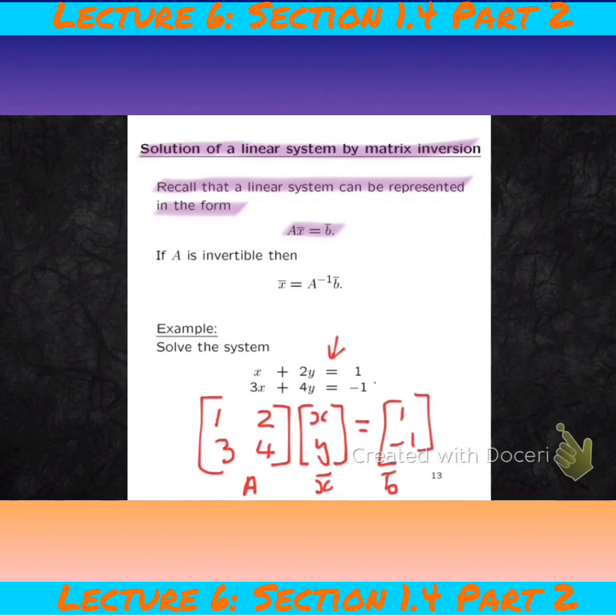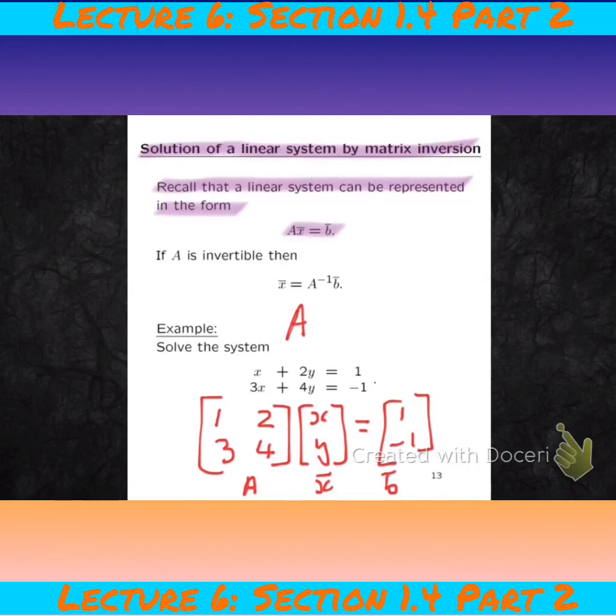Now, to get the solution, I check the invertibility of A. A's invertibility is guaranteed because its determinant is not 0.